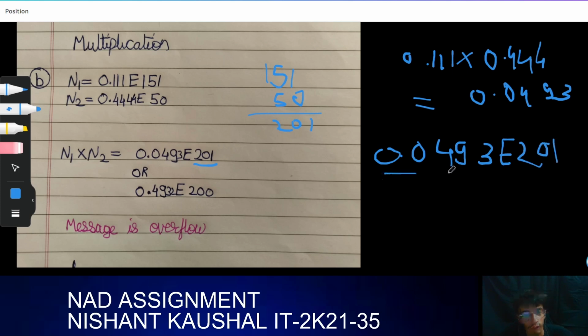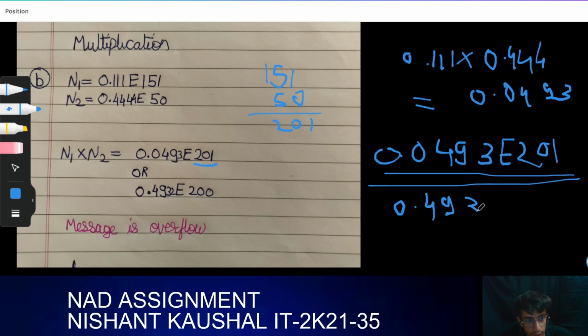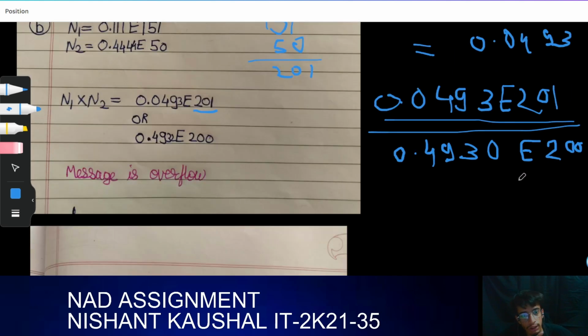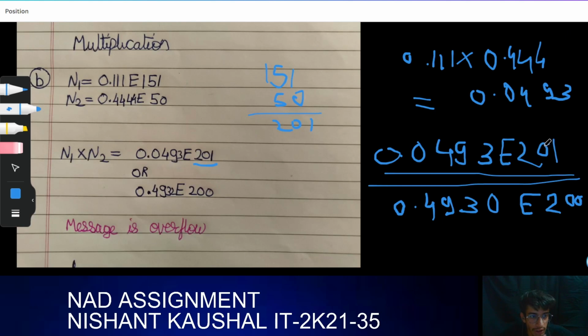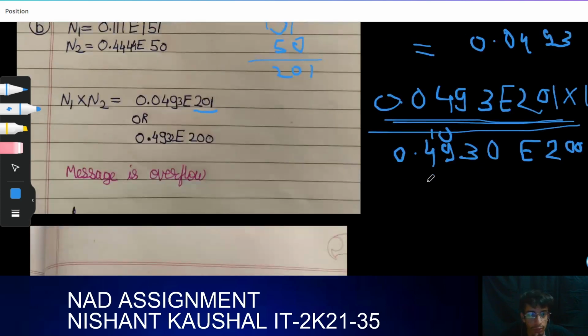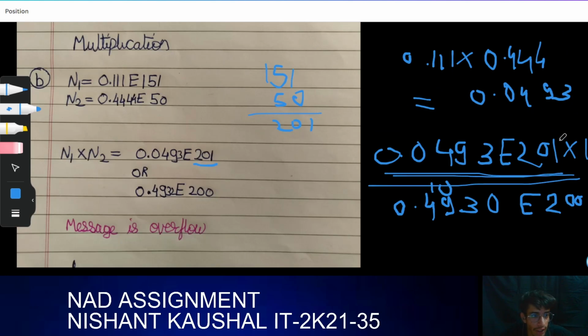Now we could write this data also as 0.4930 e200. Why could we write this? Just visualize it as if we have multiplied it by 10 and divided it by 10. So when we multiply any exponential number by 10, the power gets added, and when it is divided by 10, the power gets subtracted, right?